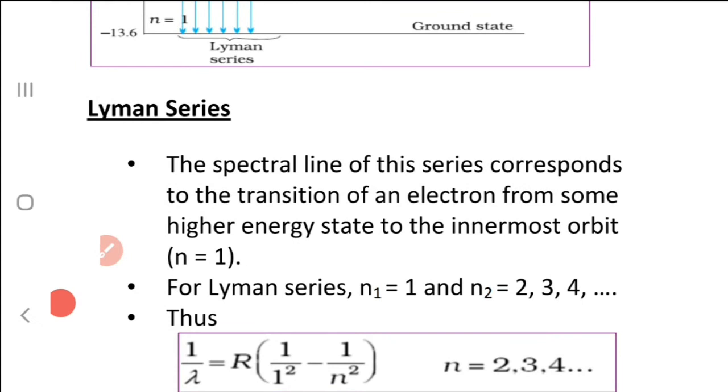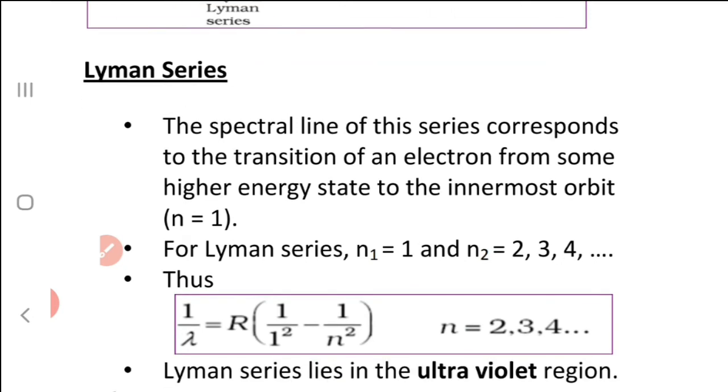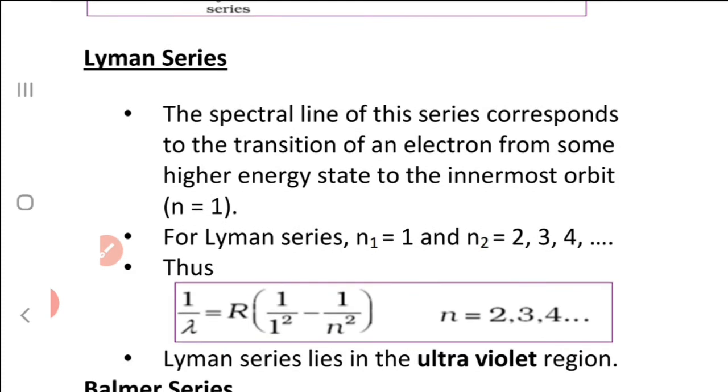So spectral lines of the Lyman series correspond to the transition of an electron from some higher energy level to the innermost orbit, that means the ground state, that is n equal to 1. So for Lyman series, n1 equal to 1 and n2 equal to 2, 3, 4, etc. So we have the expression for wave number as 1 by lambda equal to R into 1 by 1 square minus 1 by n square.